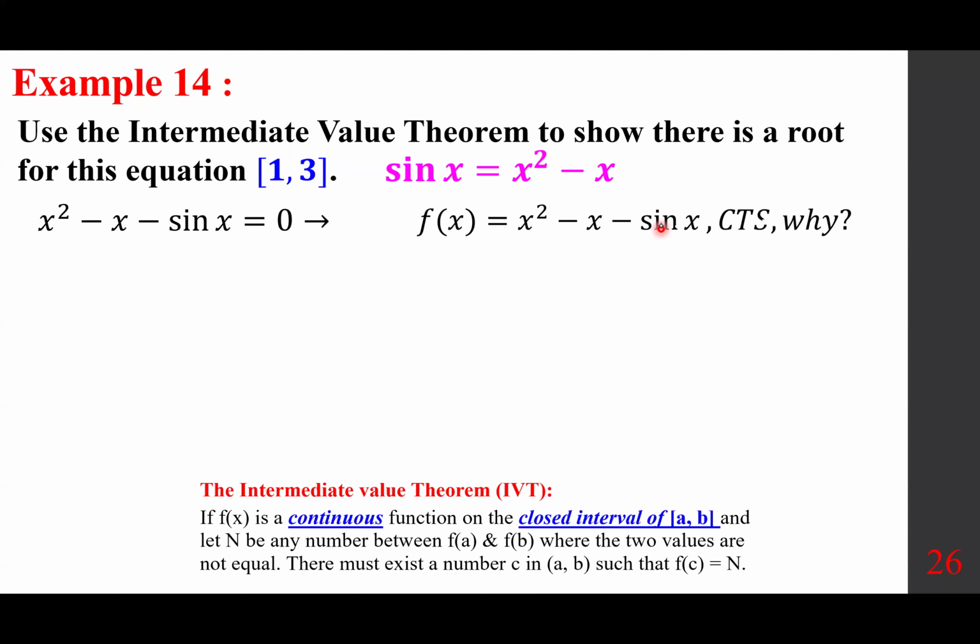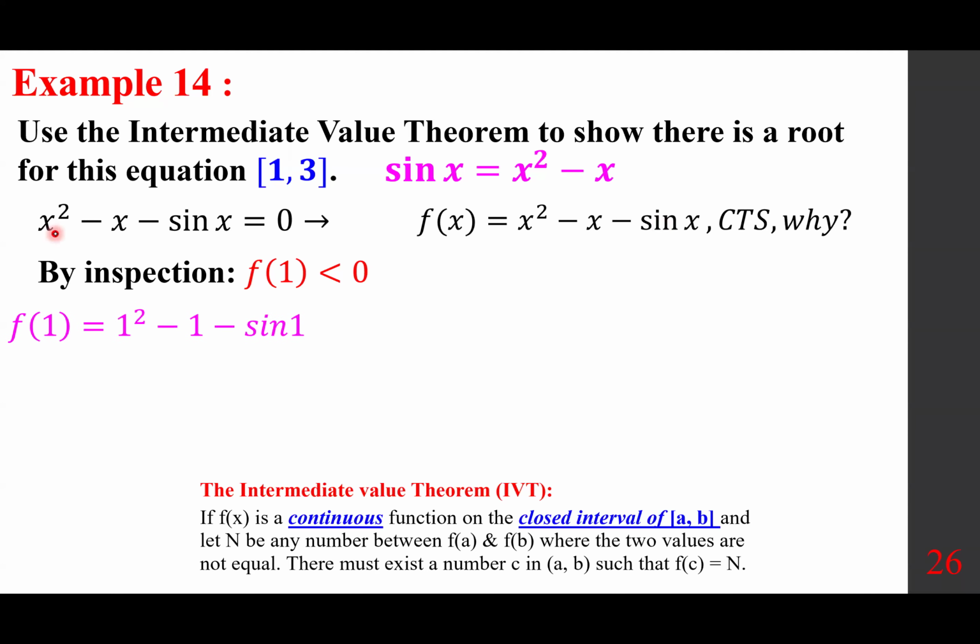So we are going to look at f of 1 and see what we get. f of 1 is less than 0, let's see why. Plug in. I hope you see that this is 1, with this one canceling each other.